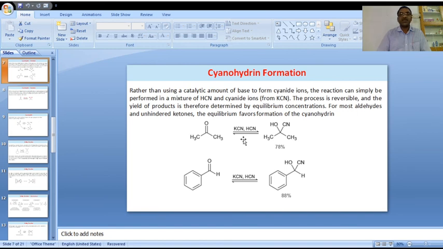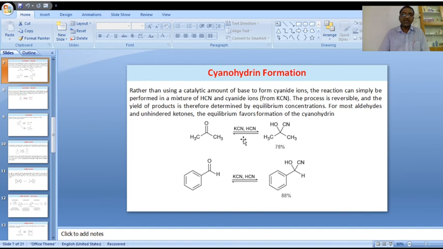For most aldehydes and unhindered ketones, the equilibrium favors the formation of cyanohydrin. Even a slightly hindered ketone also favors the formation of cyanohydrins.